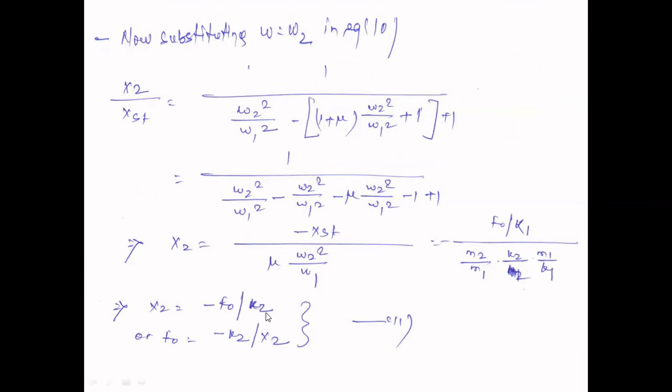It means F0 is the magnitude of the external force applied. It means that this magnitude of external force applied becomes equal to K2 into X2. This is not divided, this is K2 into X2.